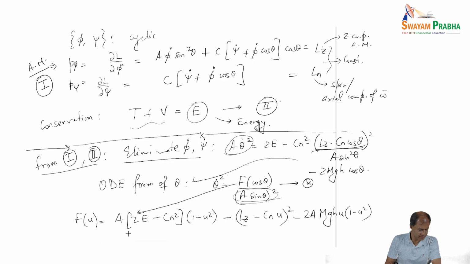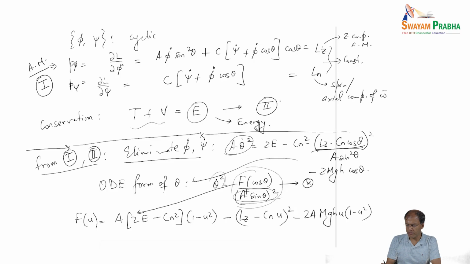And so now what we have is, it turns out that the left hand side of this equation star is theta dot square. So since everything is in the real plane, the left hand side is positive, so we expect the right hand side is also positive.